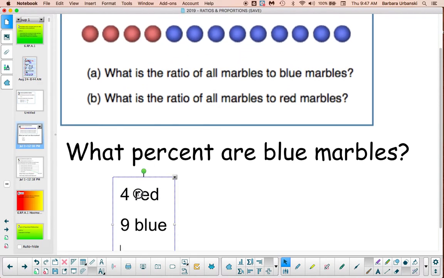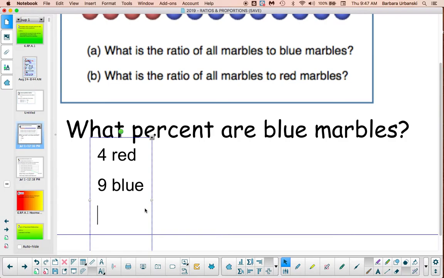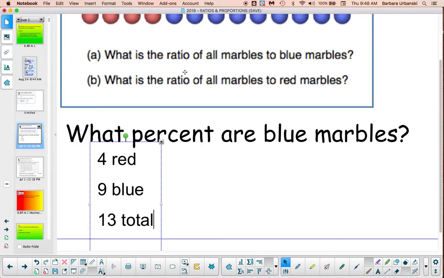If you have your 4 red and you've got 9 blue, well, then the total would be 13 total. And that's how you would write this. Now, when they ask you what is the ratio of all marbles to blue marbles, it's really going to be easy because all marbles would be your 13.